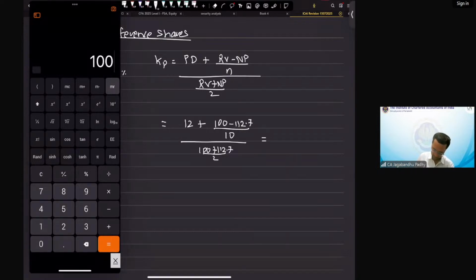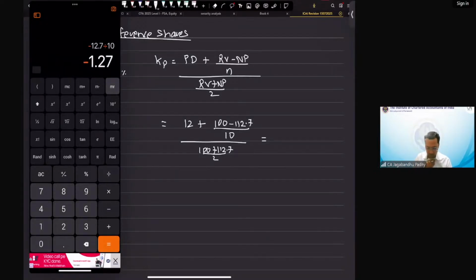So 100 minus 112.7 divided by 10 is minus 1.27.